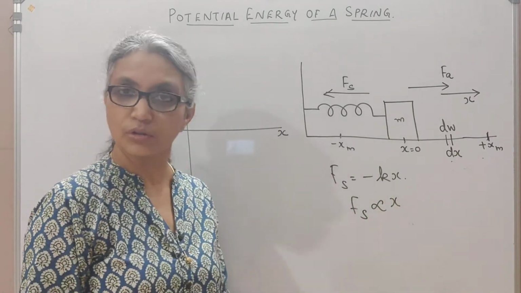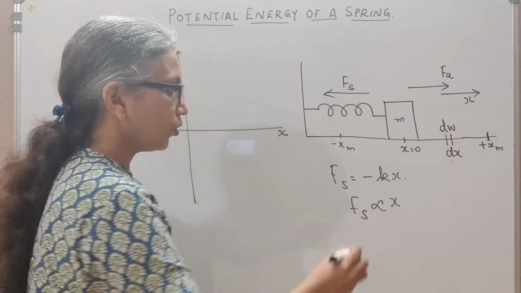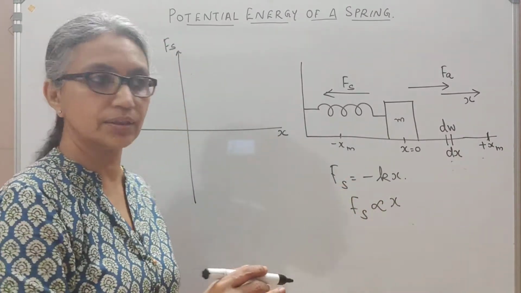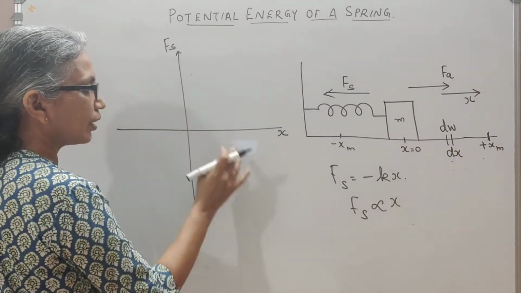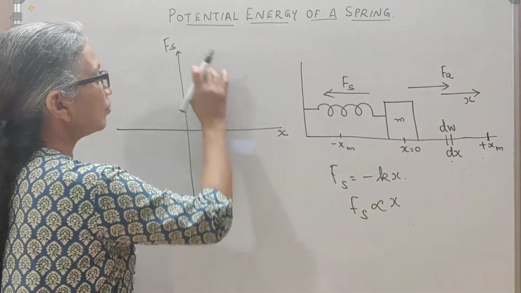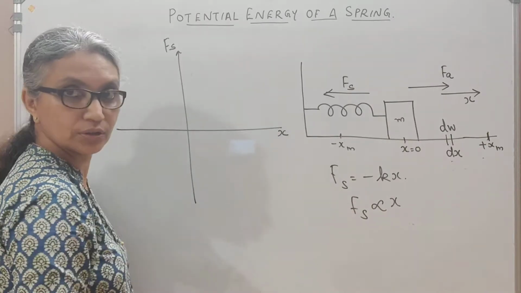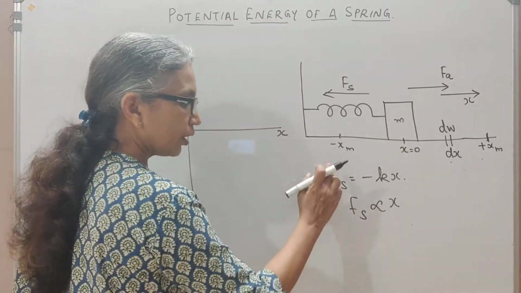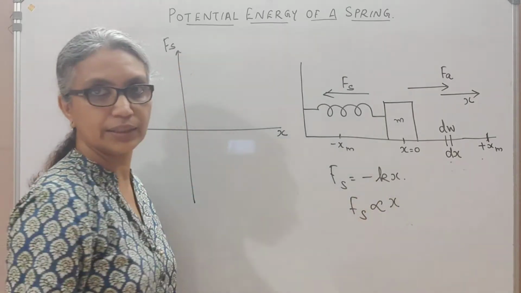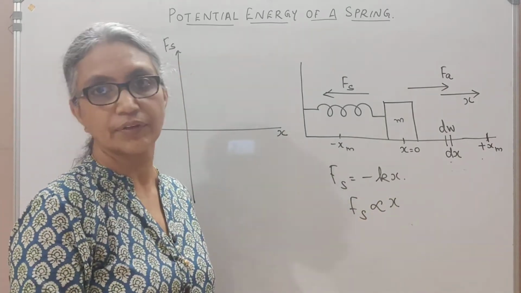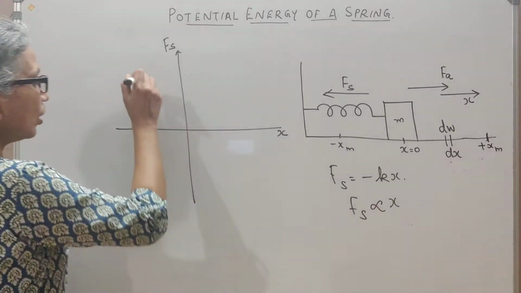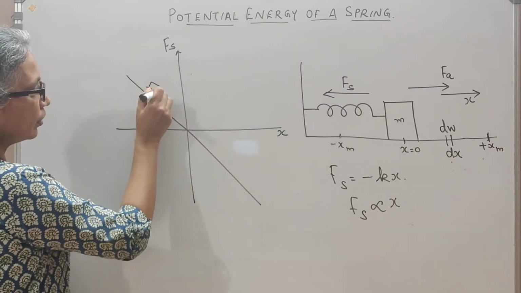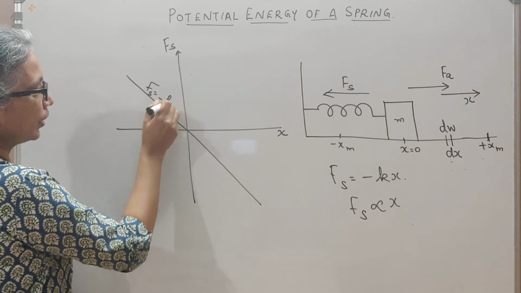The straight line can only be in the second quadrant and the fourth quadrant, because here both F and x would have to be positive, or both negative, which cannot be: if F is positive, x is negative, and if F is negative, x has to be positive.